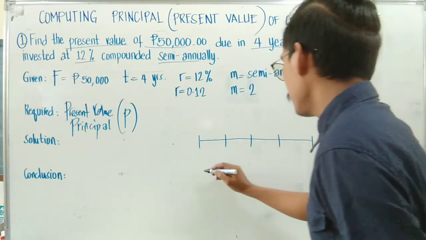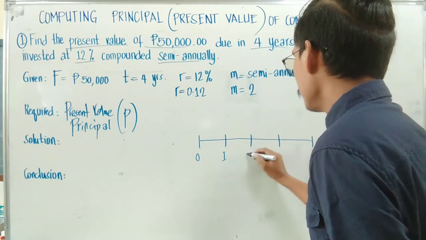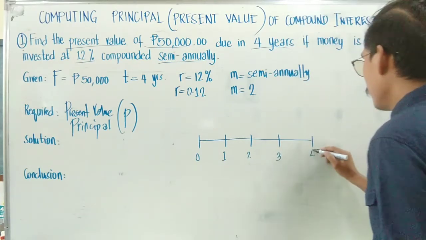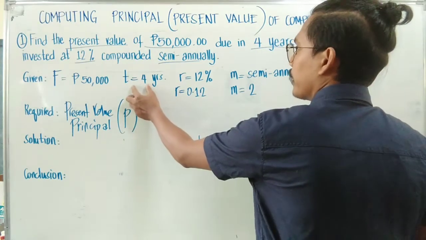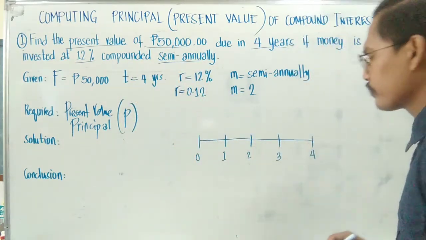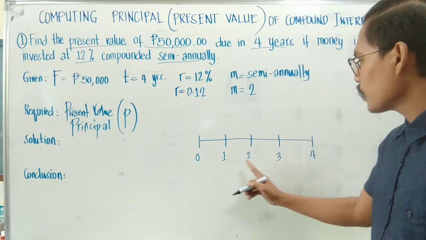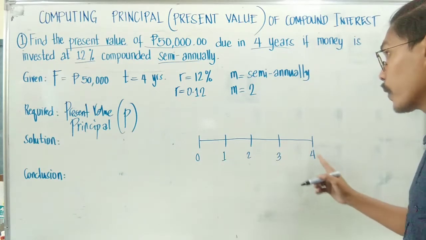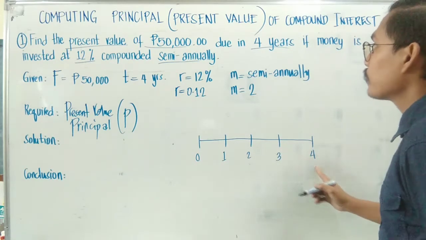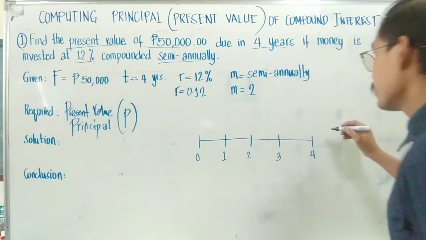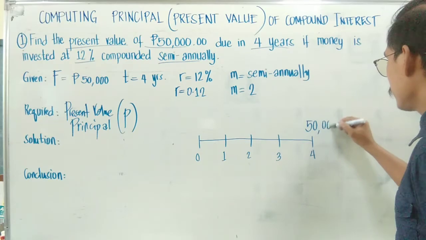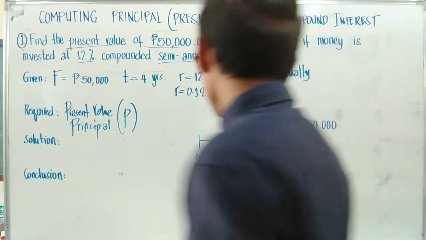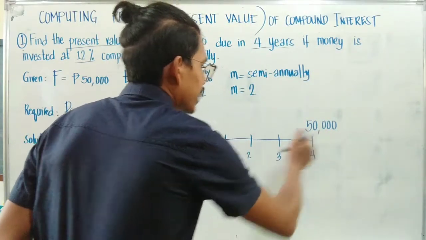Okay, so we have 0, 1, 2, 3, 4. So these numbers are the years or the duration of your investment. So after 1 year, 2 years, 3 years, and 4 years. So in 4 years, your money will become 50,000. Okay? Your money will become 50,000.